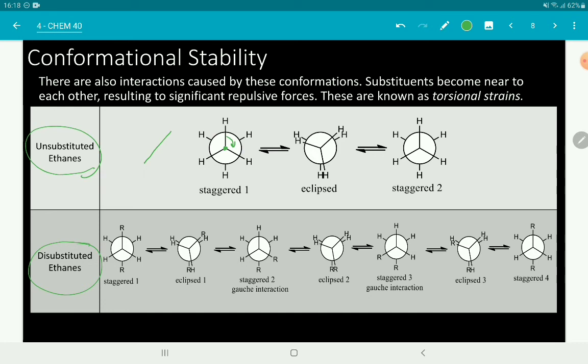So, if we draw the Newman projection, okay, umiikot lang tong harap na to, clockwise. Okay? So, makikita natin kapag umikot siya from this maximum dihedral angle of 60 degrees. Okay? This is actually 60 degrees kasi 60, 120, 180. So, this is 180 degrees. So, 60 degrees yan.